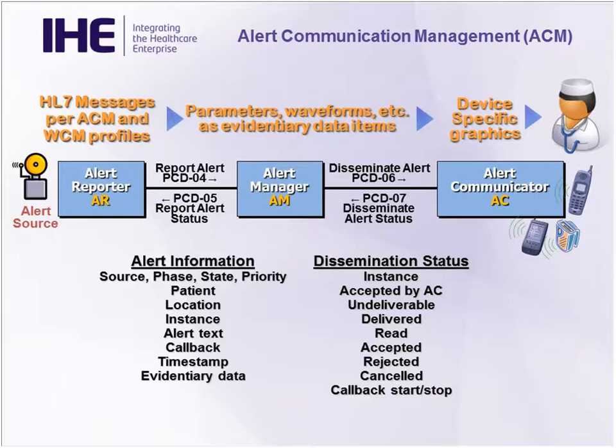If a device has an observation, we use the DEC profile to communicate that for storage. If the device has an alert, then we use the ACM profile for that. Alerts are a big picture item. If you were to examine a Venn diagram of what an alert is, it includes alarms that are technical or physiologic, and advisories.